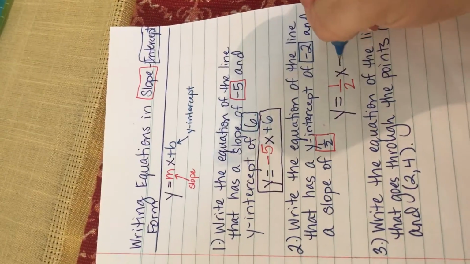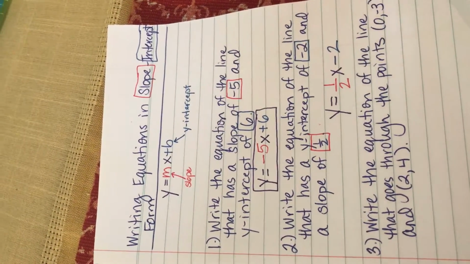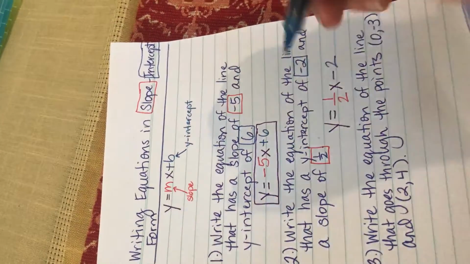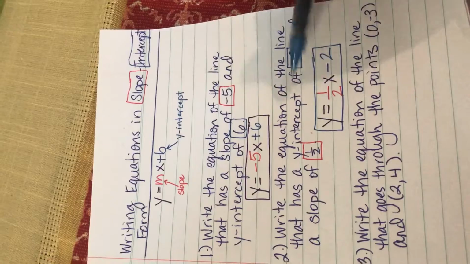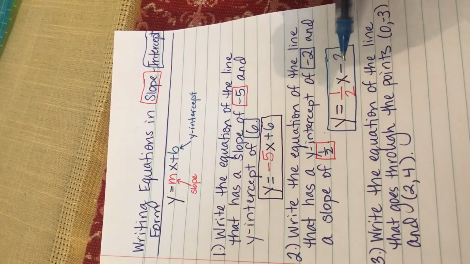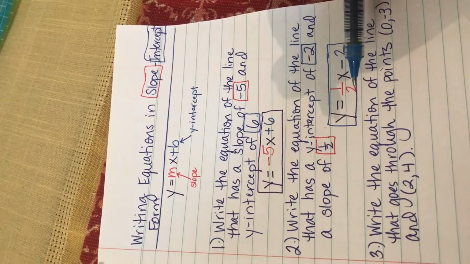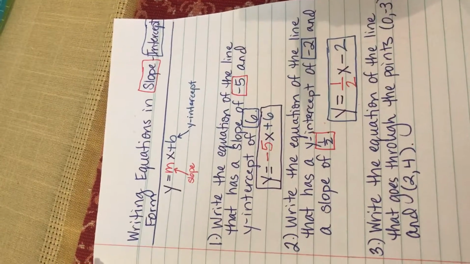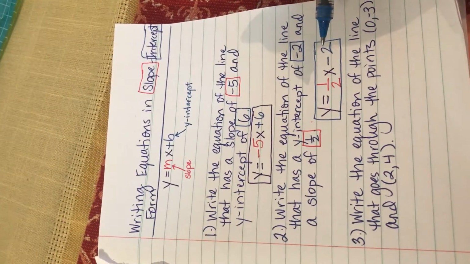In this case, it's a -2, so I'm going to write -2. So again, here's my equation. I'm finished with this problem. If I were to graph this, I could start at -2 on the y-axis, and then I could go up 1 over 2 and plot the next point and connect the dots. So this one has a slope of 1/2 and a y-intercept of -2.